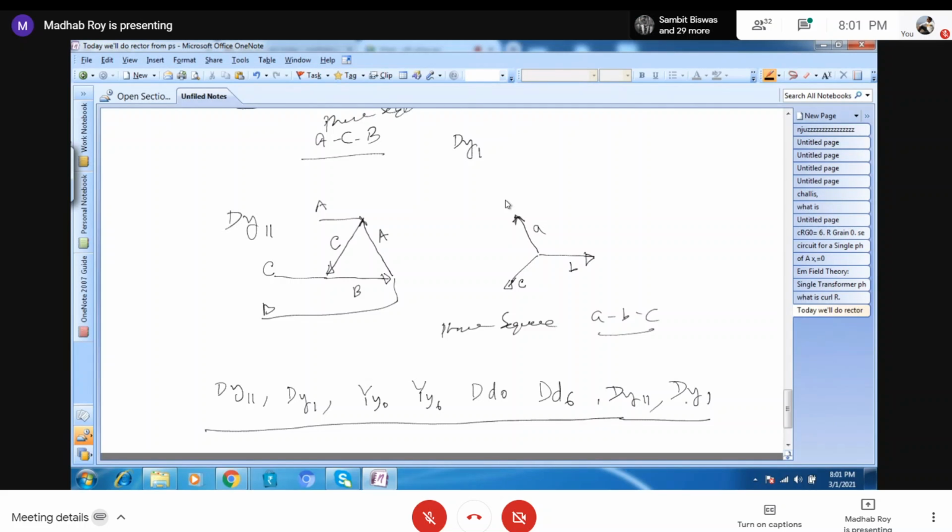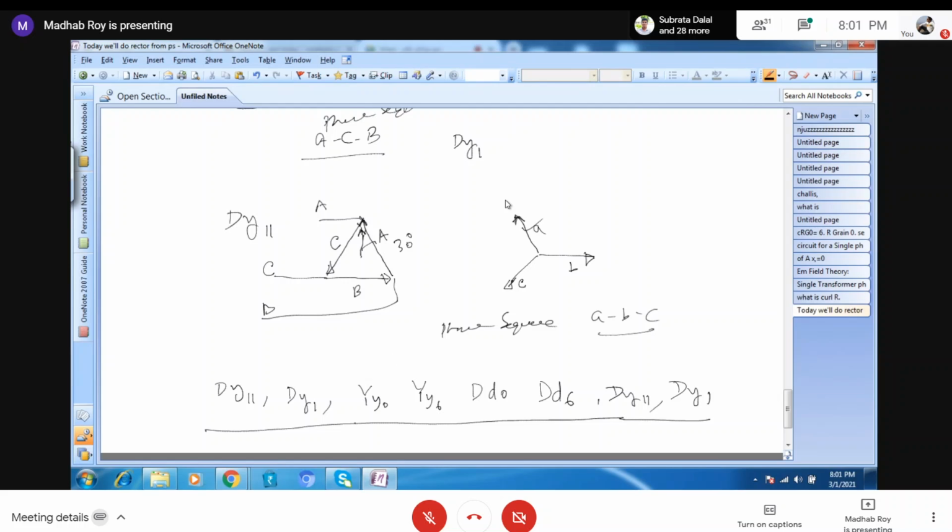So in each case, you see that in delta-Y it is a phase. So here there is a 30-degree phase difference. So this is called a 30-degree phase shift.